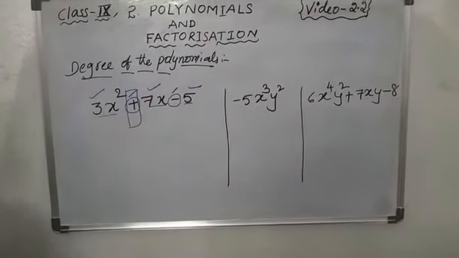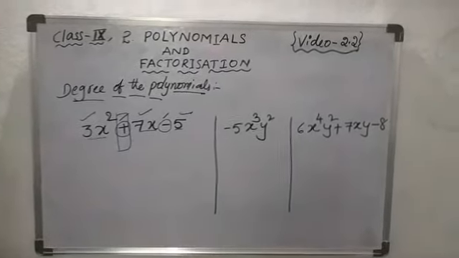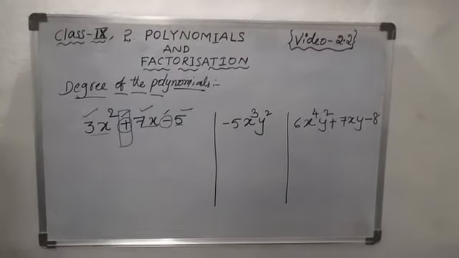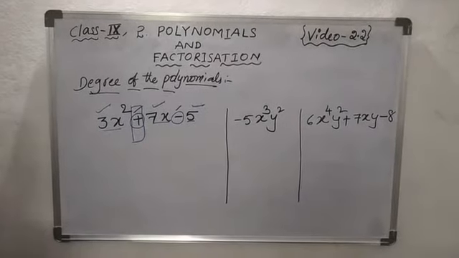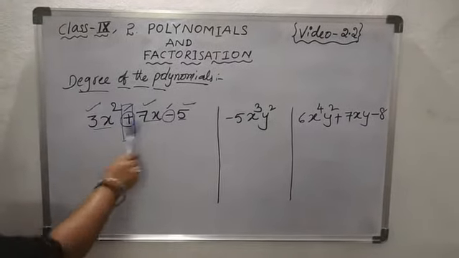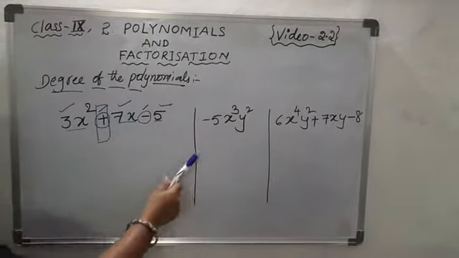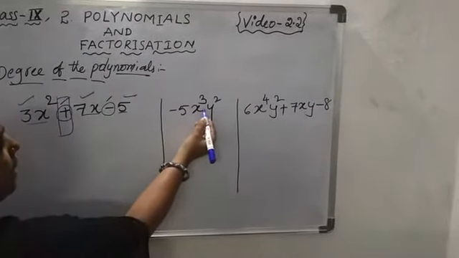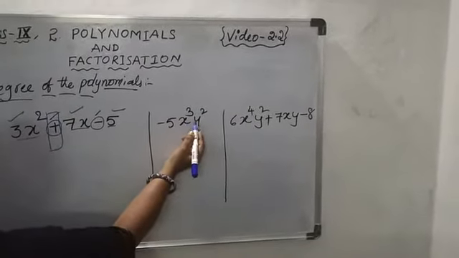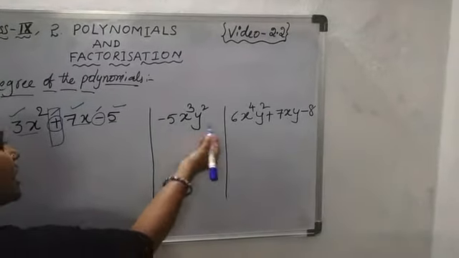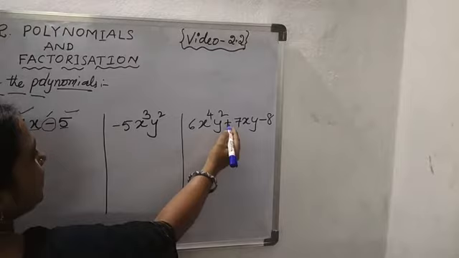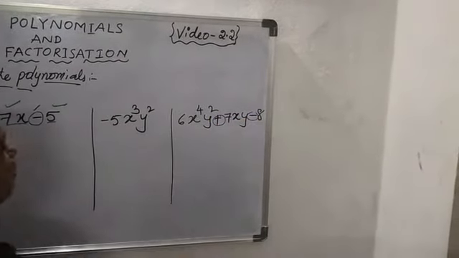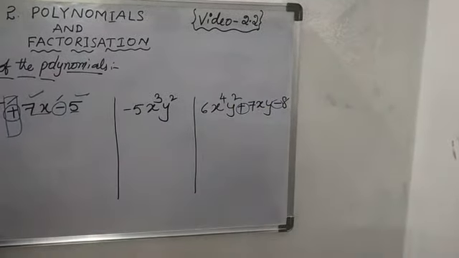Means the mathematical symbols, either plus or minus, divide the given polynomial into different terms. Here the plus and minus symbols divide the given expression into 3 terms. Here there is no plus or minus symbol between x and y, so it is a single term. Here how many terms are there? We have 2 symbols, plus and minus.